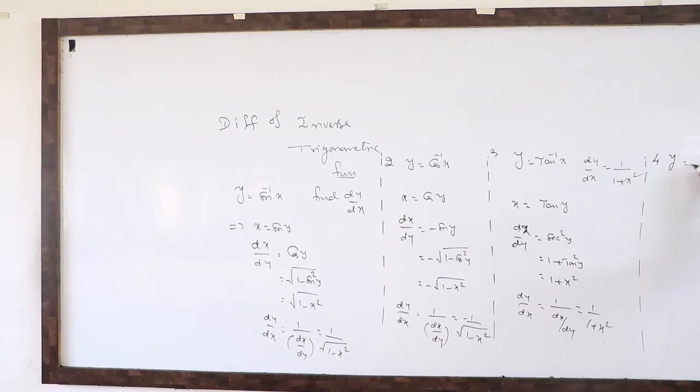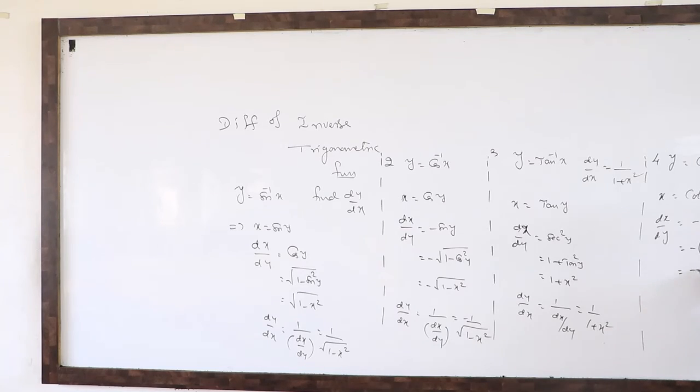Fourth one, cot inverse. x is equal to cot y. Differentiate x with respect to y. dx by dy. What is the cot theta derivative? Minus cosecant square. And then minus of 1 plus cot square theta, we know the cosecant square identity.